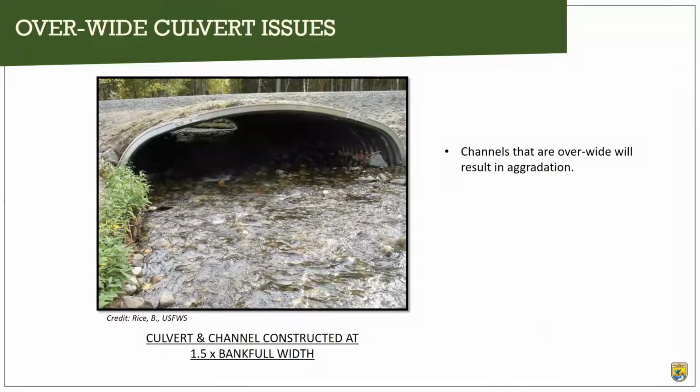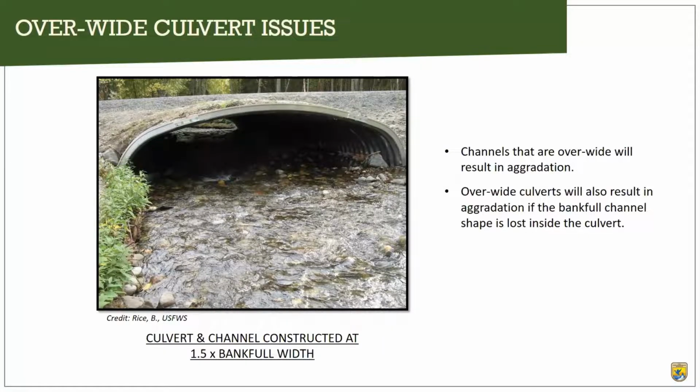But we know that channels that are overwide will result in aggradation, and overwide culverts also result in aggradation if the bankfull channel shape is lost inside the culvert. We also had icing issues at this culvert. So this culvert was originally constructed with banks inside, I believe, and it was just the channel upstream and downstream. The banks were put in the wrong location.